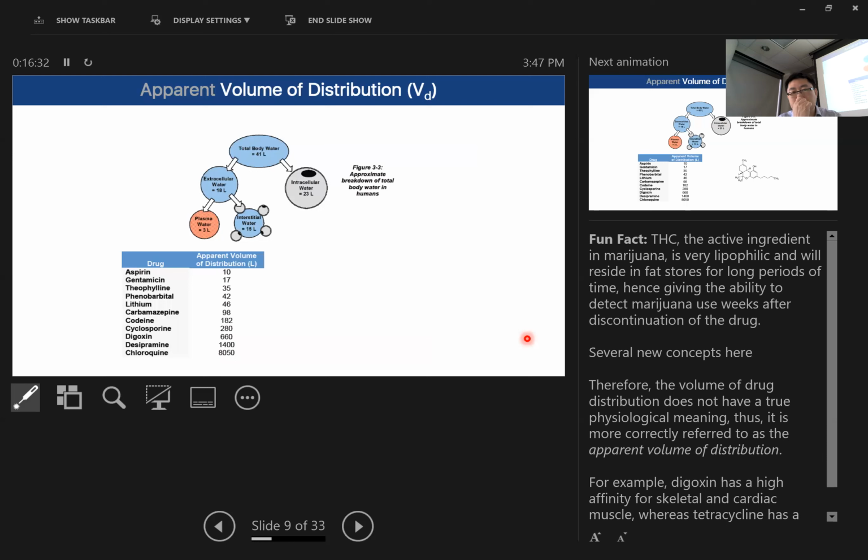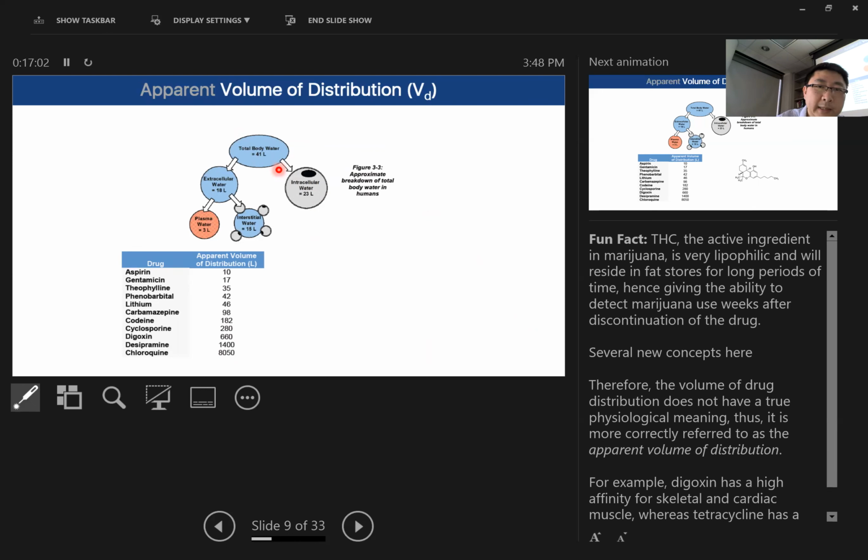So the volume distribution can actually be related to physiological parameters, which we'll discuss later. There's another PDF file that we'll go over together. Just for this 70 kilogram person, the total body water is about 41 liters, right?